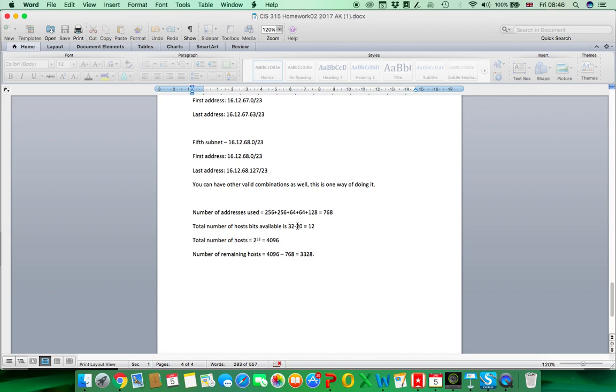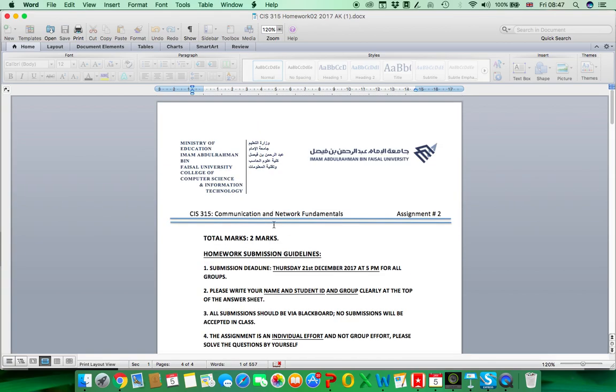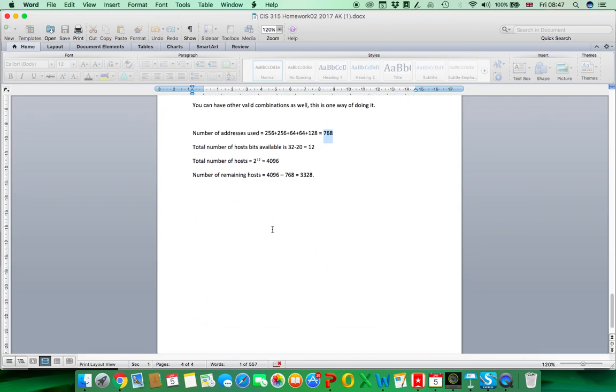So you have 32 minus 20, which is 12. 2 to the power 12 is 4096. So this is actually the total number of hosts that is available to us. And from those, we have used 768. So the number of remaining hosts would be 4096 minus 768, 3328. So this is the explanation for your homework example.